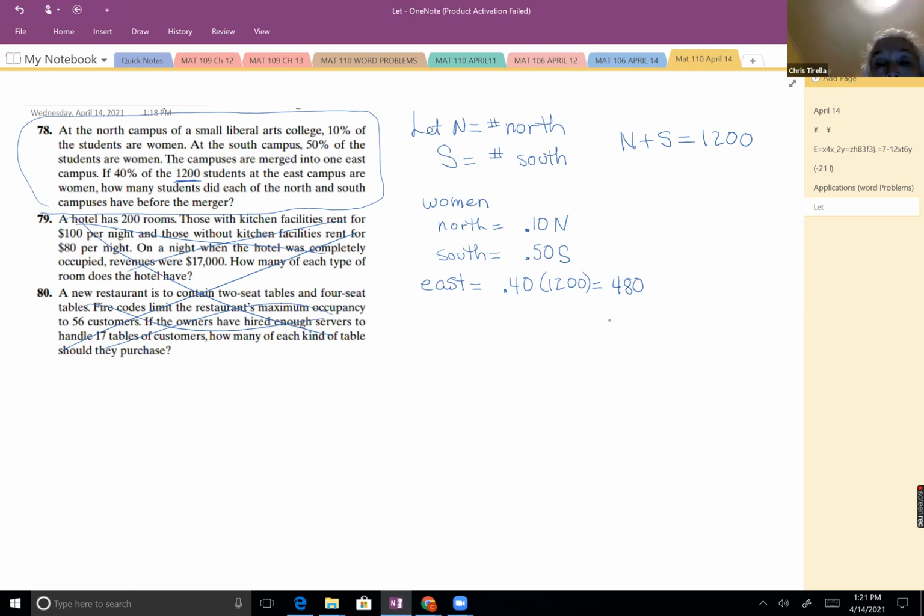And so wouldn't my second equation be the women from the north plus the women from the south, or 0.1 n plus 0.5 s equals 480? And I apologize, my s and my 5 look too much alike.